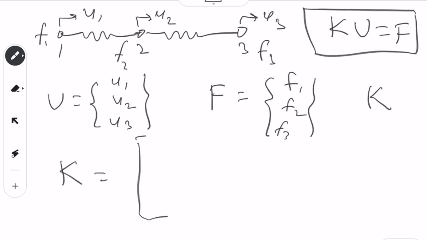And how can we assemble? We can do like this.